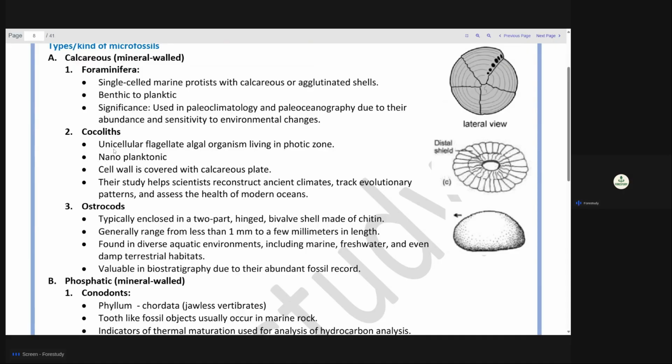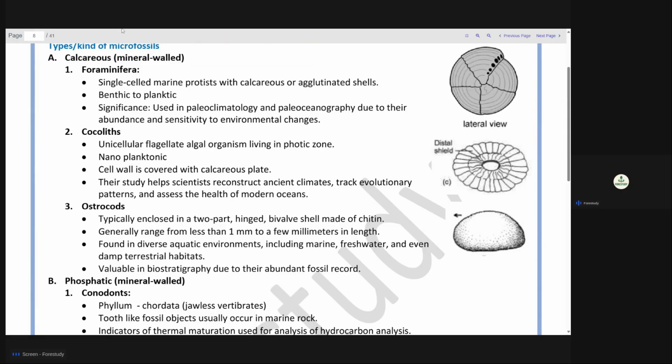They are nanoplanktonic, and the cell wall is covered with calcareous plates. Their study helps scientists reconstruct ancient climates, track evolutionary patterns, and assess the health of modern oceans.